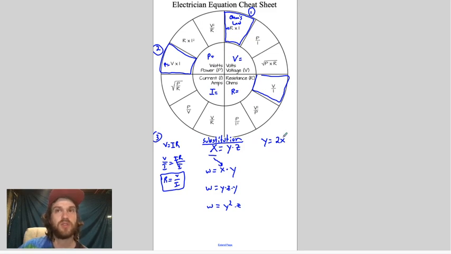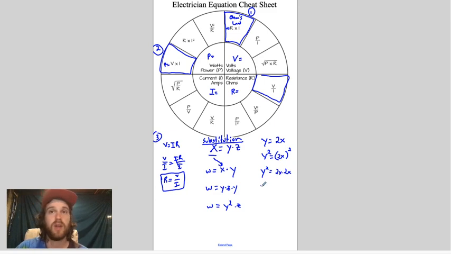When you're squaring both sides of an equation, if we square the left side, you just get y squared. If you square the right side, 2x squared, you get this times itself. So y squared equals 2x times 2x.